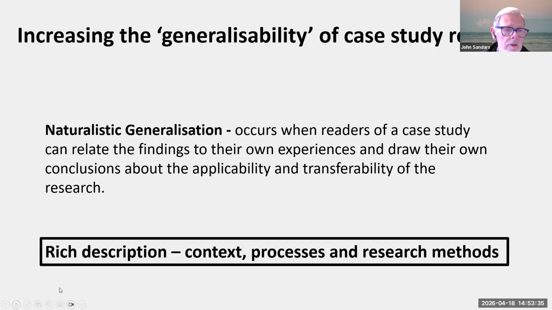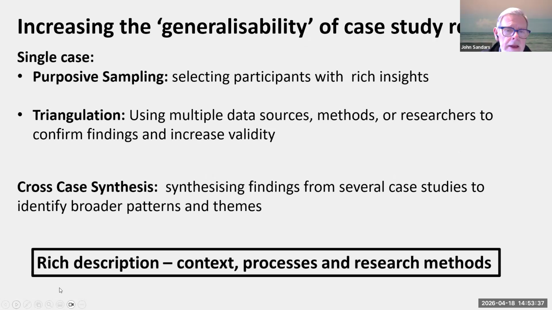What do we do with that? Well, we can increase the generalizability by having more participants. And by having more participants, ideally we have purposive sampling. So if we've got more than one case, try and get participants with rich insights.